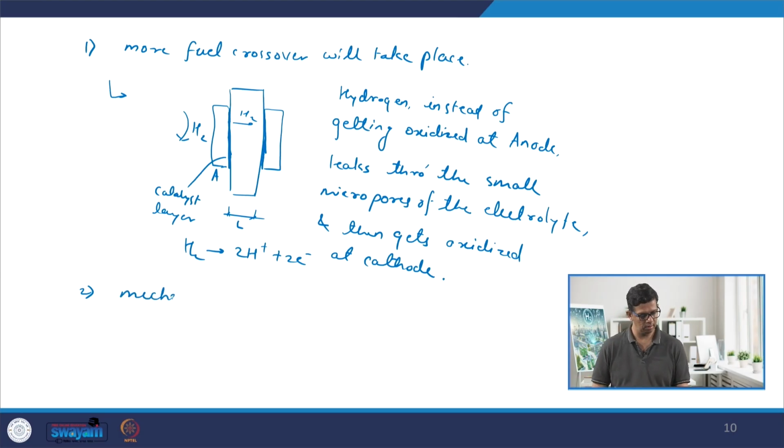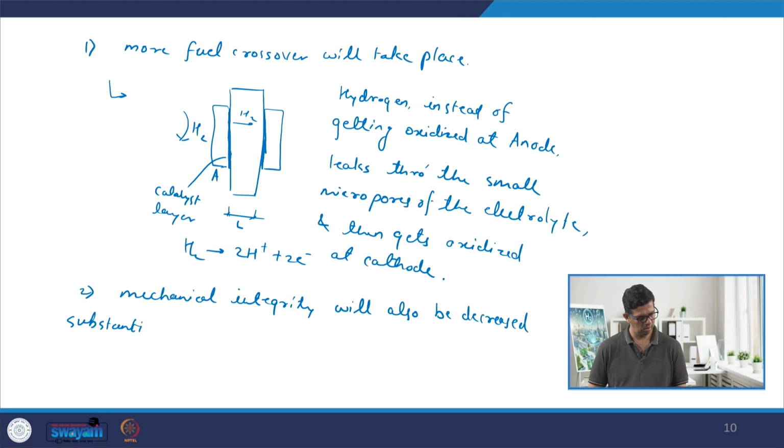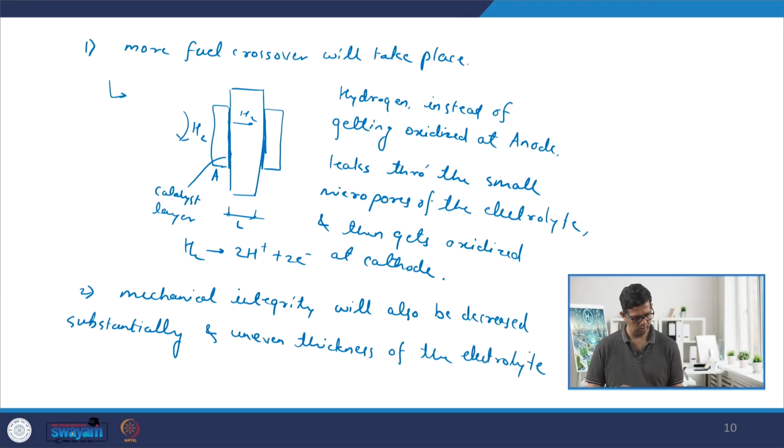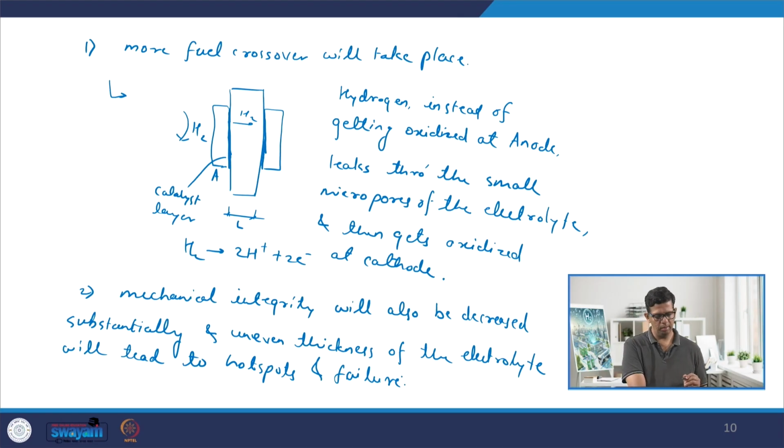Mechanical integrity, or mechanical strength, will also be decreased substantially, and since we are dealing with a thinner electrolyte, there is a possibility of uneven thicknesses as well, and the uneven thickness of the electrolyte will lead to the hot spots and subsequently the failure. So, what do we mean by uneven thickness?